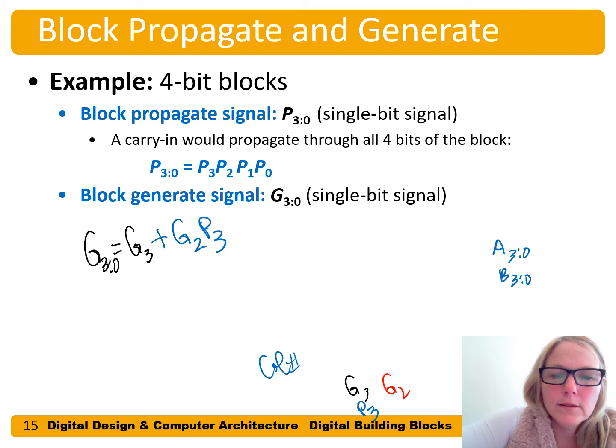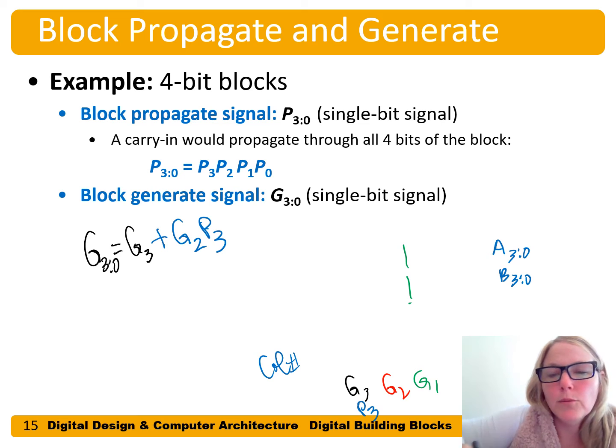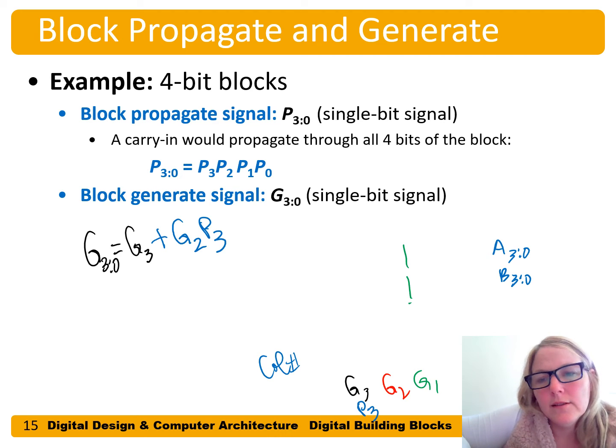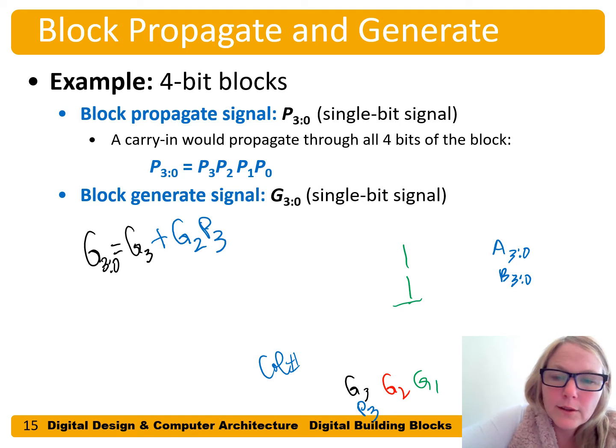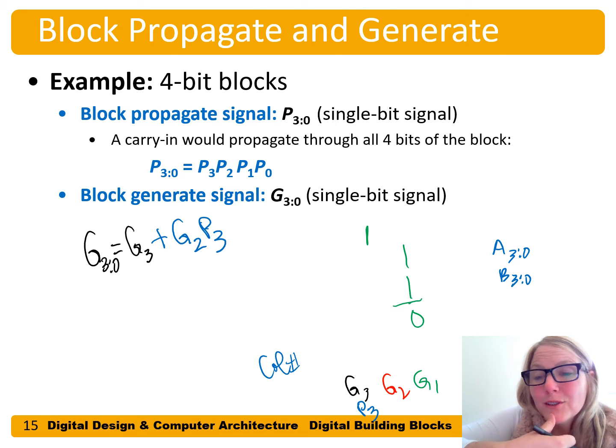Well, what about let's go to column 1, see what happens there. So we could generate a carry in column 1, right? We get A and B both being 1. A sub 1 and B sub 1, that would generate a carry. So yeah, we're sure that would generate a carry over to those next columns. But what would have to be true in order for this block to generate a carry within itself?